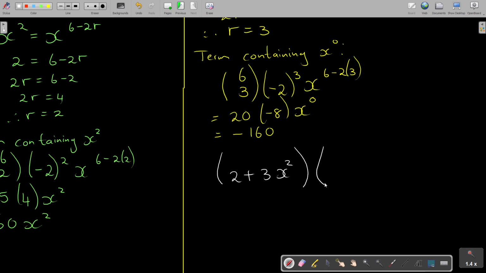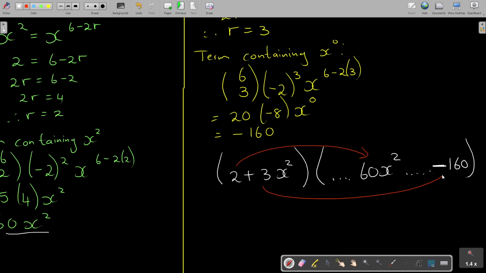And what I need in this second bracket, I have the 60x². Do you remember that? Let's rather leave the plus out because it's going to be negative 160. That's the two I need, because it's going to be this multiplied by this and this multiplied by this.